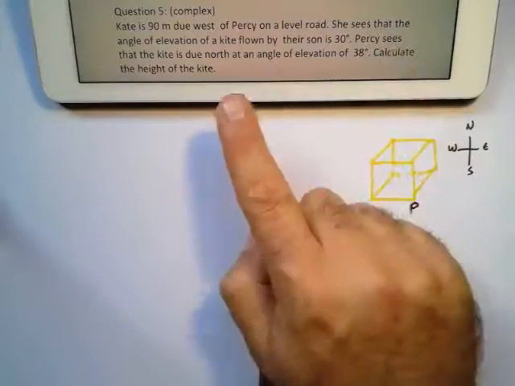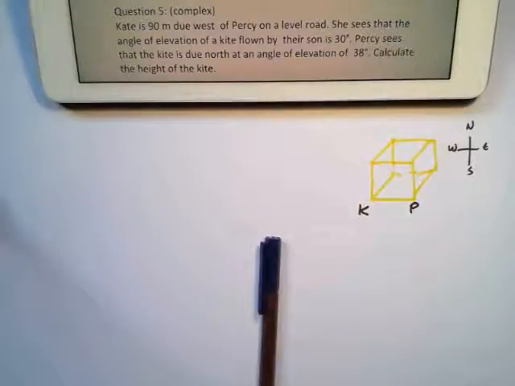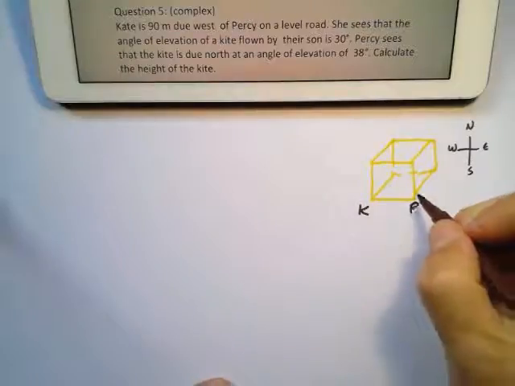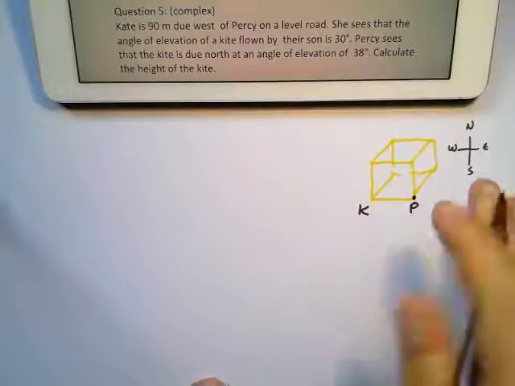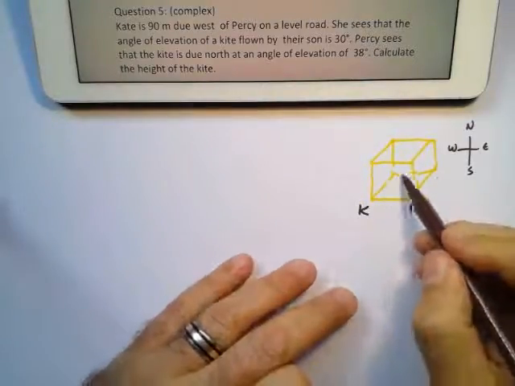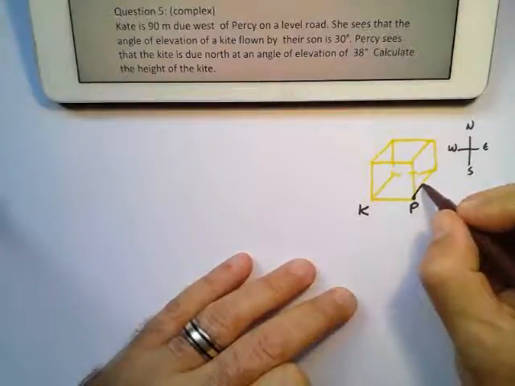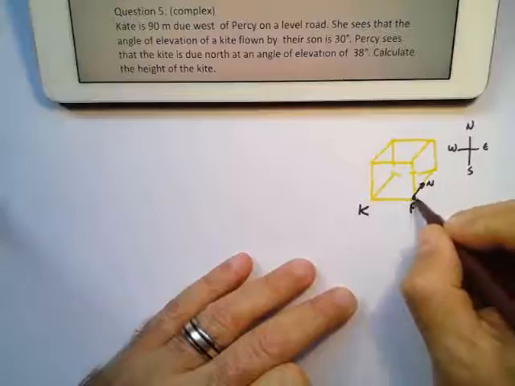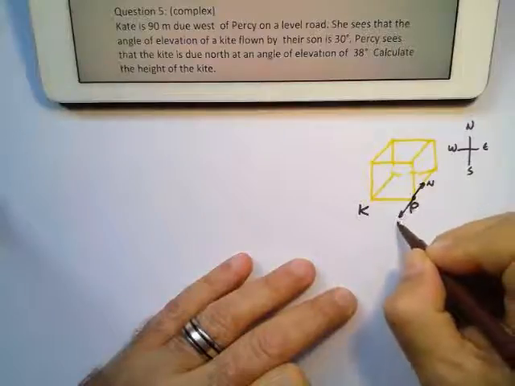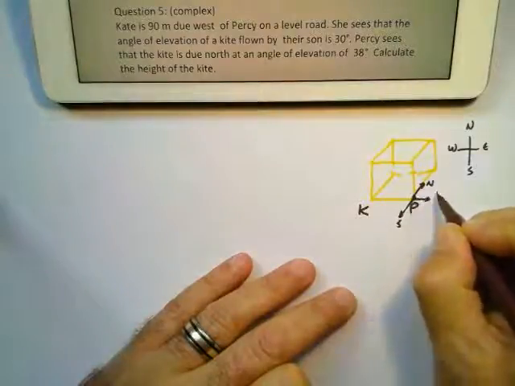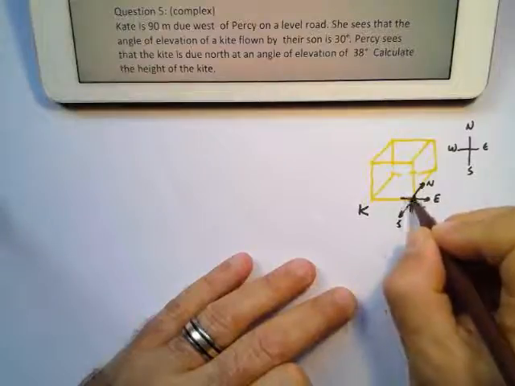However, they say Percy sees that the kite is due north. Now, because I've got a three-dimensional figure, we will have to change the plane. So if this is here and this at the bottom, this level here is flat, then north is going to be over there, east is going to be over there, south is going to be here, north, east, south, west.